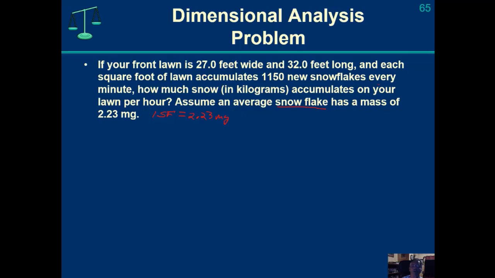All right, so what else do we know? 1,150 new snowflakes every minute. So every 1 minute, 1,150 new snowflakes accumulates on your lawn per hour. Oh, there's more. Each square foot of your lawn accumulates 1,150 new snowflakes. So here's another conversion factor.